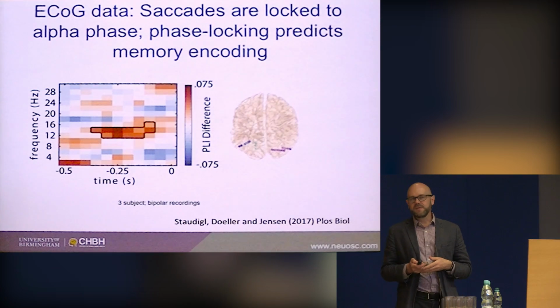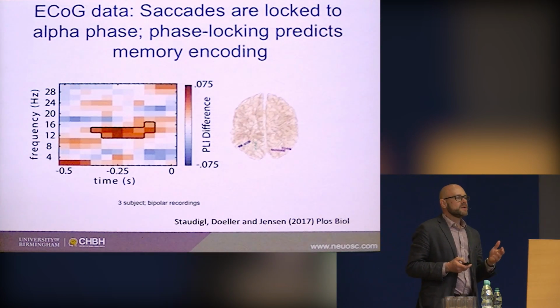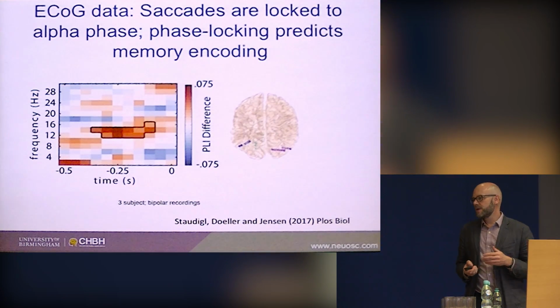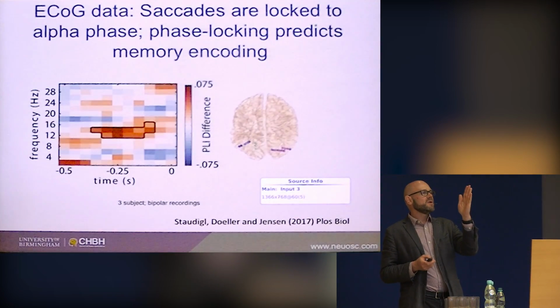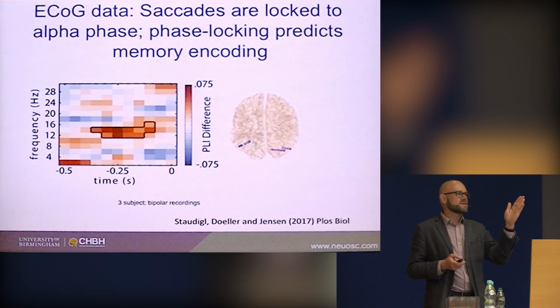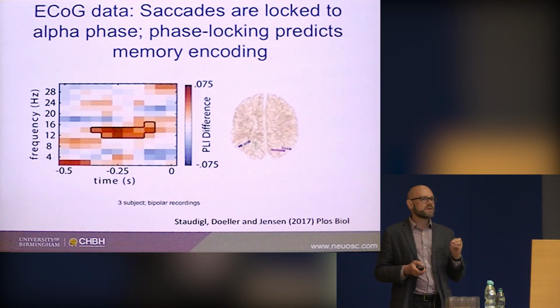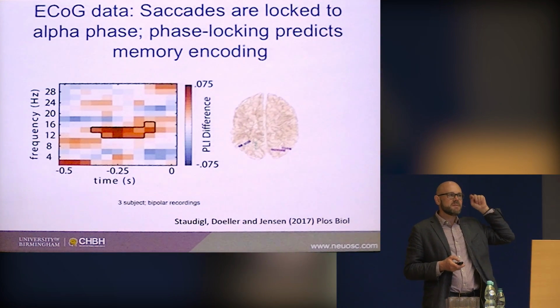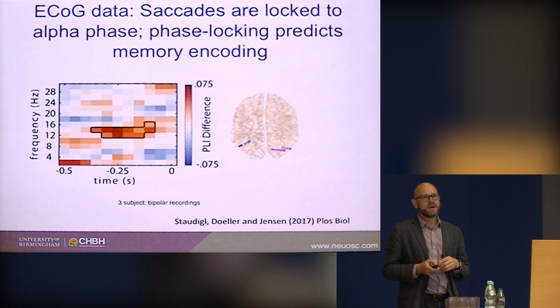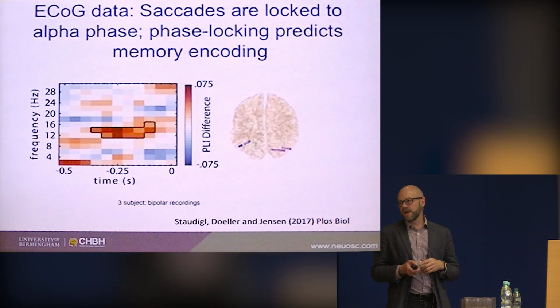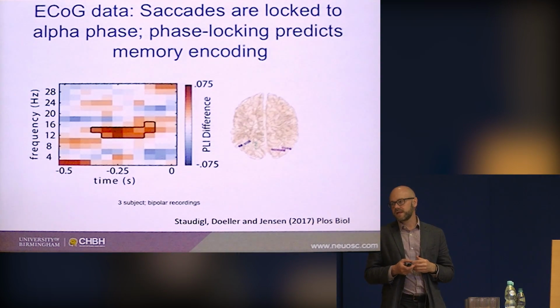And what we then did was to do a phase analysis. What you should appreciate here is at time 0 you have the saccade, and then we look at the brain activity just before the saccade. And these here are actually intracranial data recorded from patients that have depth electrodes in visual and deeper regions in parietal and temporal cortex.